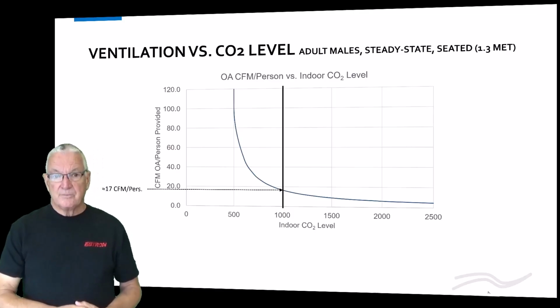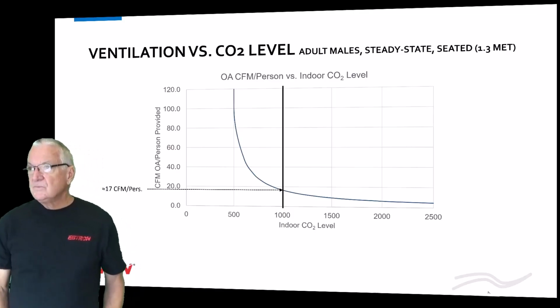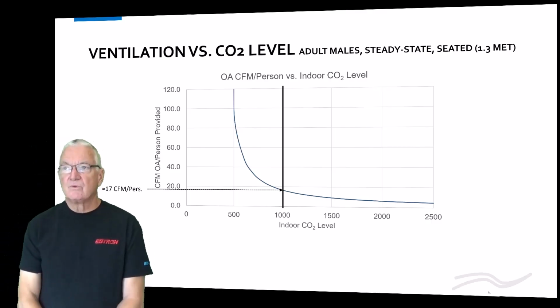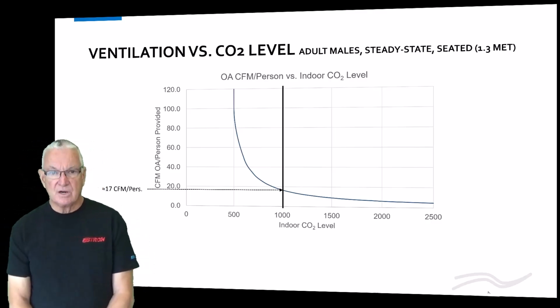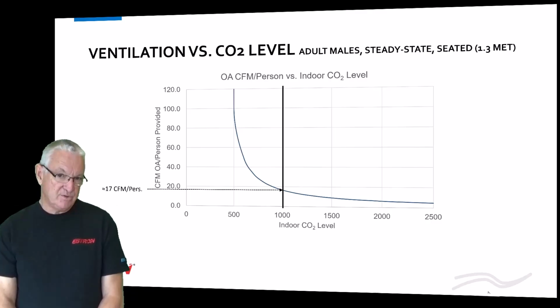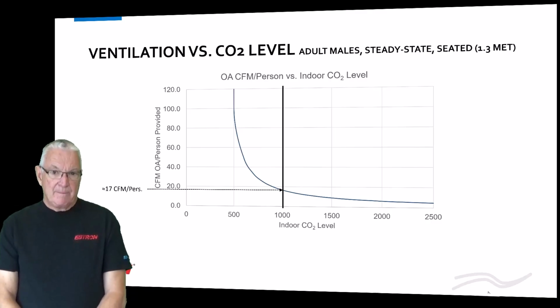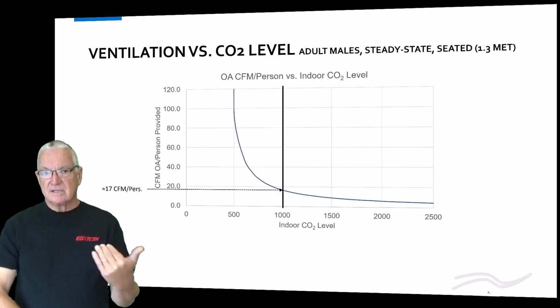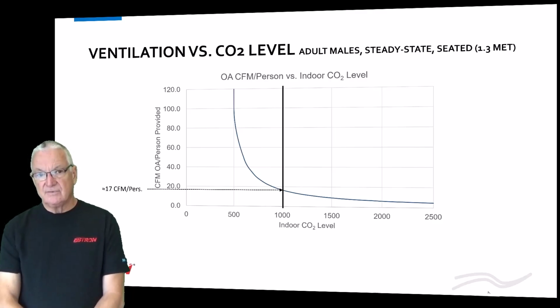So, the first problem that we have when you're doing traditional, what I call 1,000 part per million CO2 DCV, what most of you are doing today, is that you don't realize there's a codependence between the CO2 level and the amount of outdoor air you're bringing in.